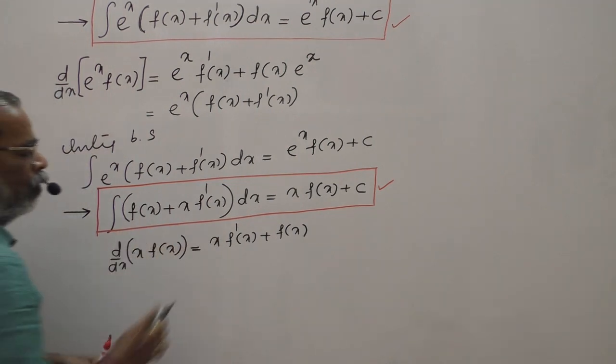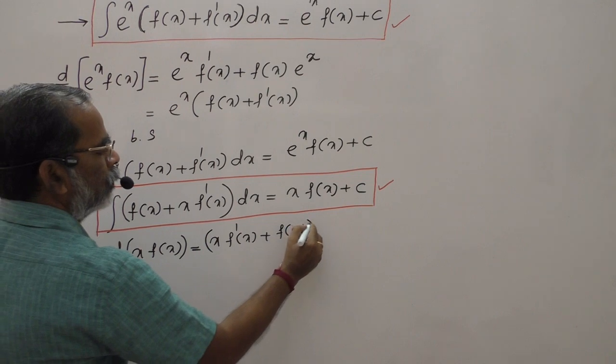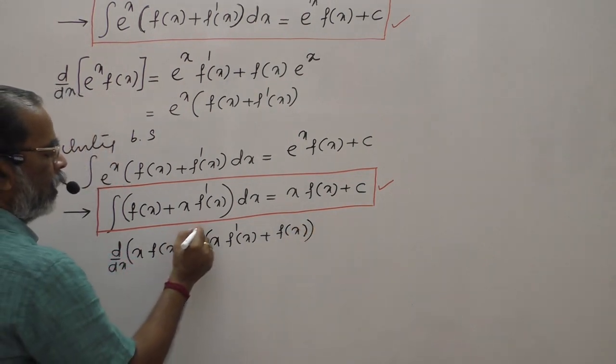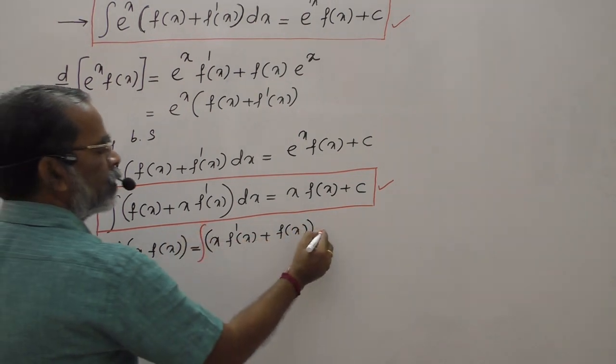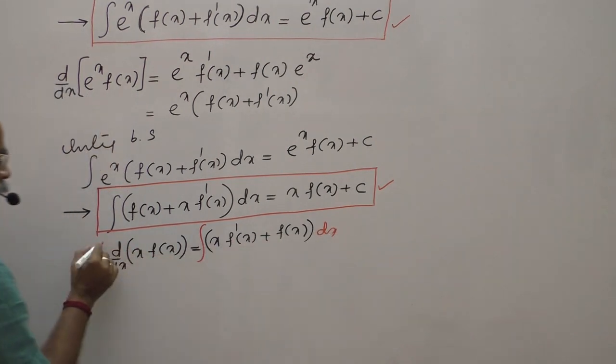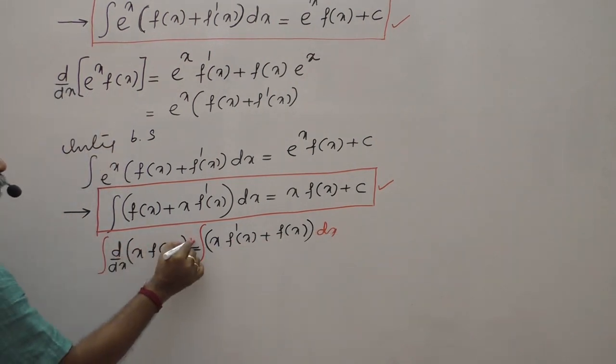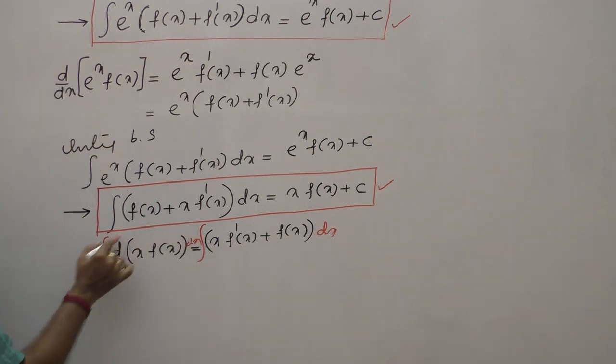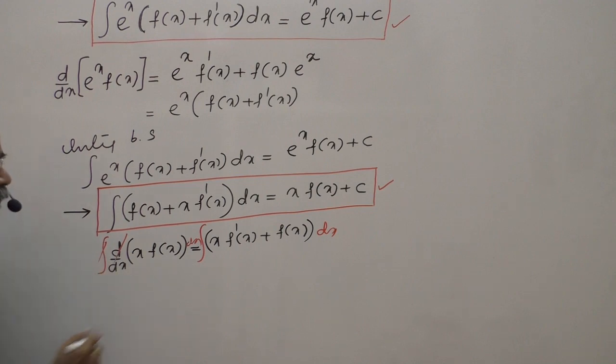Now for this product, we will integrate on both sides. Here also you should integrate. The integral and differentiation both will be cancelled. What will be there on the right side?